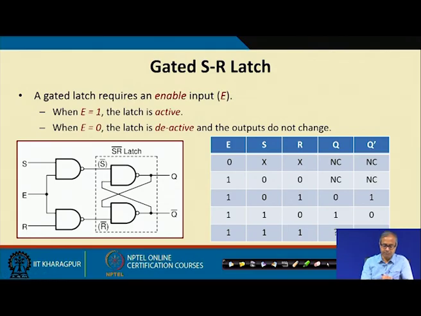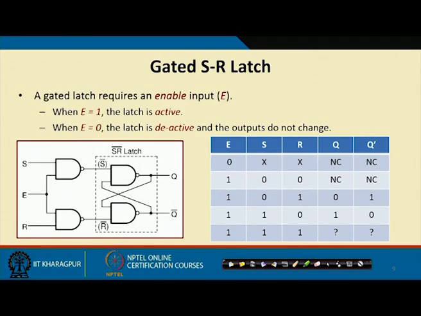Now, just one thing, if we want to extend the design of an SR latch to a gated latch, you see here we have made a very small change, we have added an enable input. We have added a third input and two NAND gates here, and this NAND implementation was already there, the basic SR latch with S bar R bar.